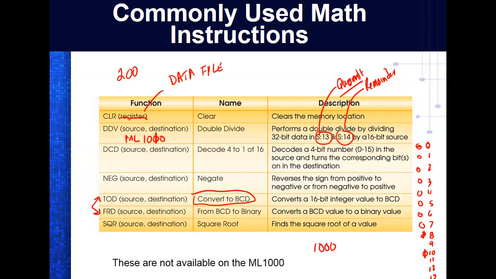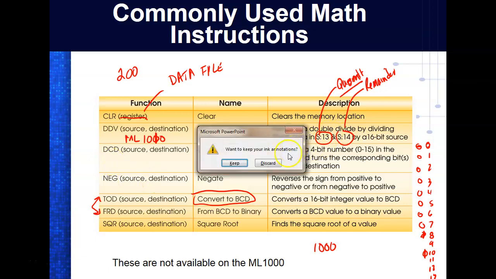How many are supported by the 1000? Every one of these is supported by the 1100s. I'm not sure what are supported by the 1000. But how can you tell? Just go to your math instructions and see which ones are grayed out and which ones are not. Right? I'm surprised y'all hadn't heard that term grayed out before.